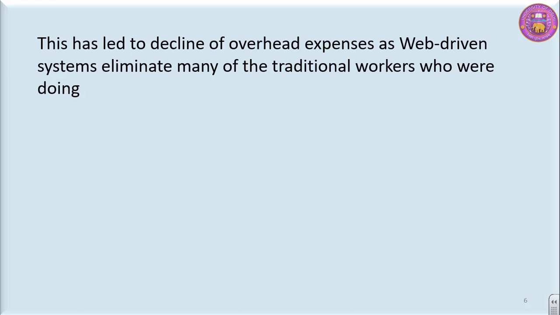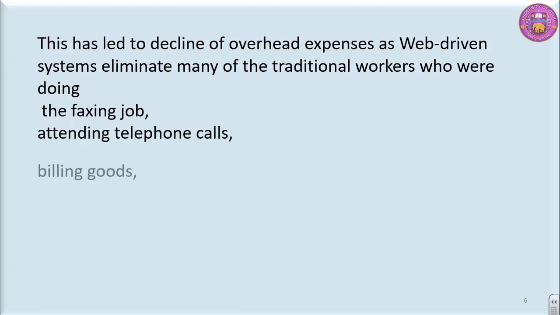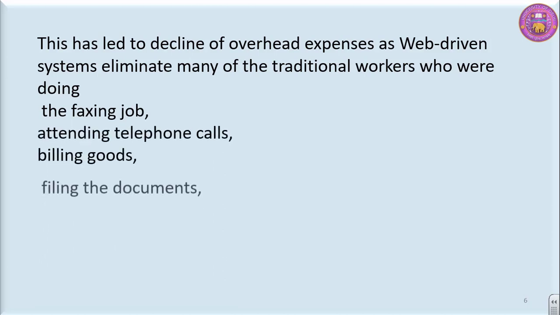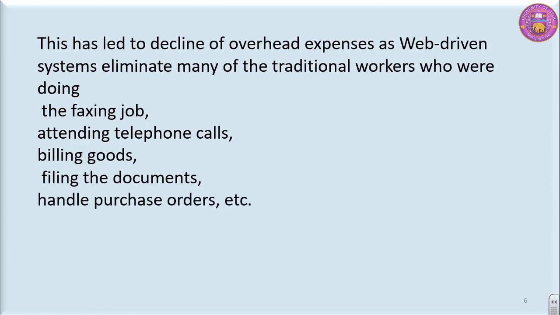This has led to decline of overhead expenses as web-driven systems eliminate many of the traditional workers who were doing the faxing job, attending telephone calls, billing goods, filing the documents, handling purchase orders, etc. So in a way, it has led to elimination of a number of costs.